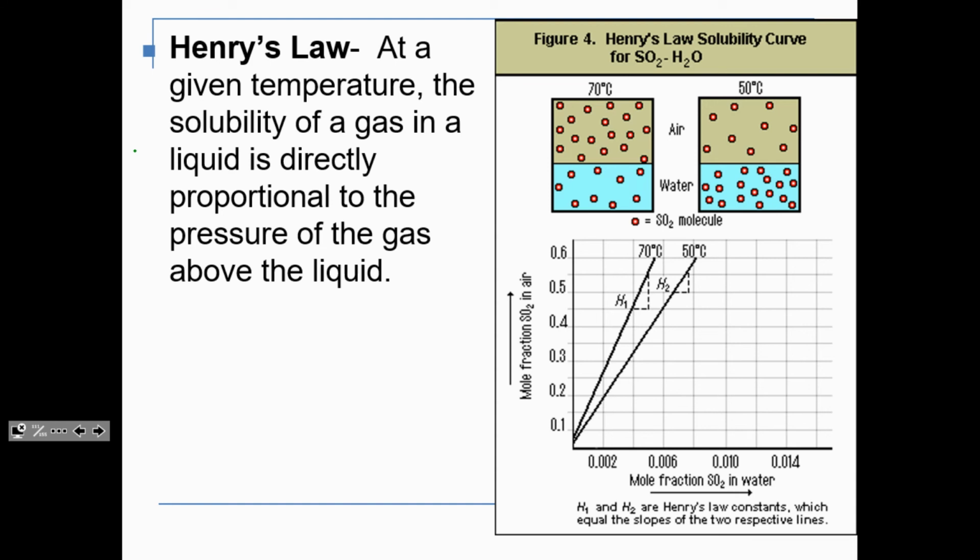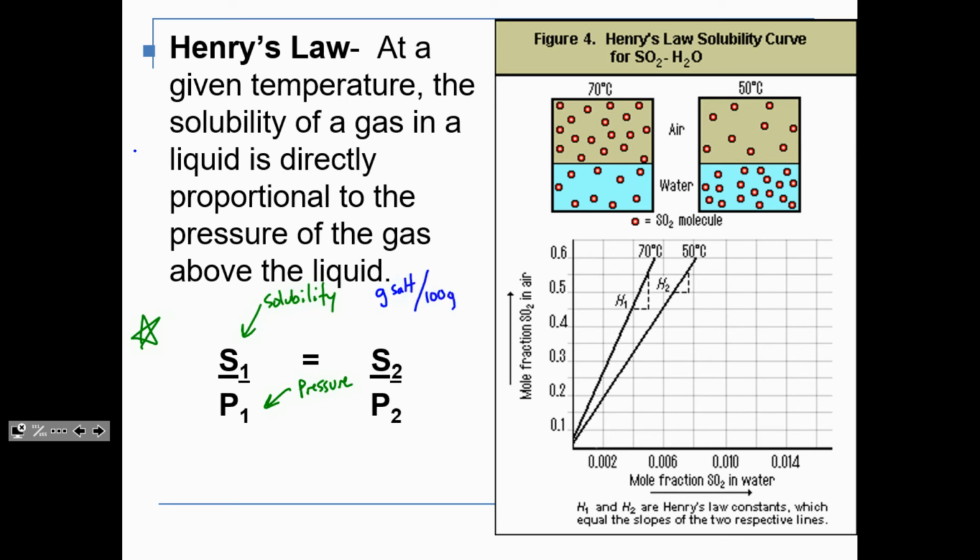All right, so let's finish out with Henry's law here. At a given temperature, the solubility of a gas is directly proportional to the pressure of the gas above the liquid. So here's our equation. I would almost call this another gas law. S is for solubility. P is for pressure. The units of solubility are grams of salt over 100 grams of solvent.